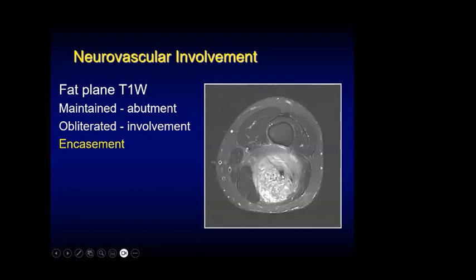Here we have an even worse situation, because the soft tissue tumor is completely encircling the neurovascular structure. In this case, we call it encasement of the neurovascular structures. And when there is encasement, it is almost impossible to remove the tumor without sacrificing the artery, and the sciatic nerve as well.